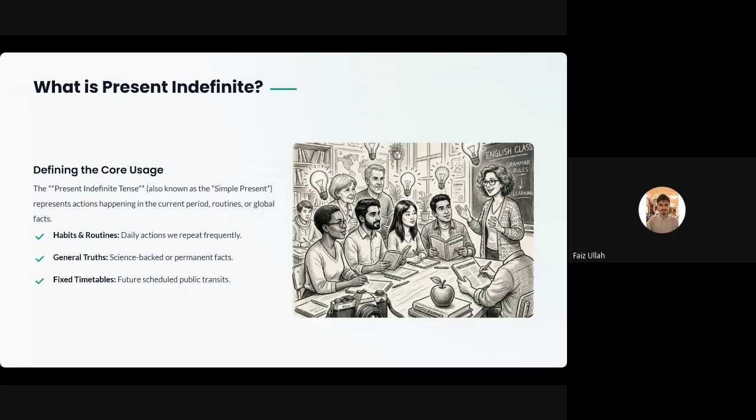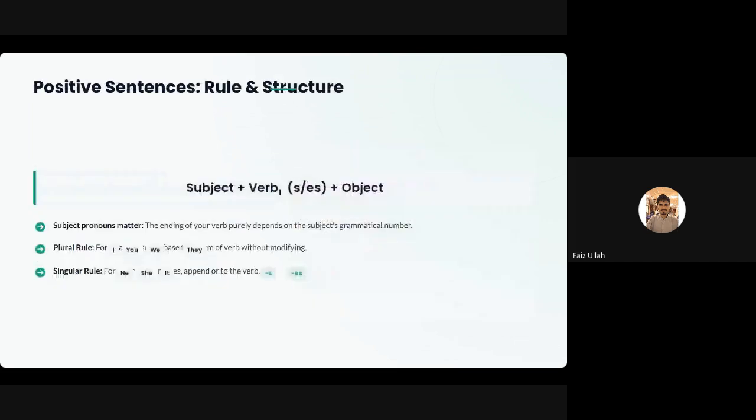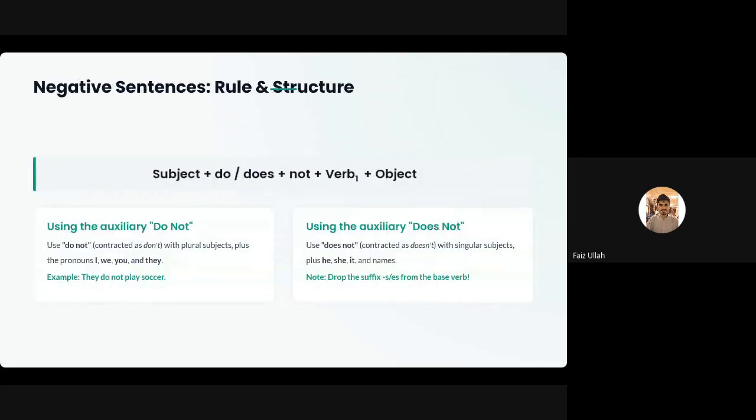Present indefinite tense is used for habits, for routines, for timetables. For a positive sentence, we use subject, first form of verb, and object. But if the subject is he, she, it, or singular, we use s or es with the first form of verb. For negative, we use do not and does not.